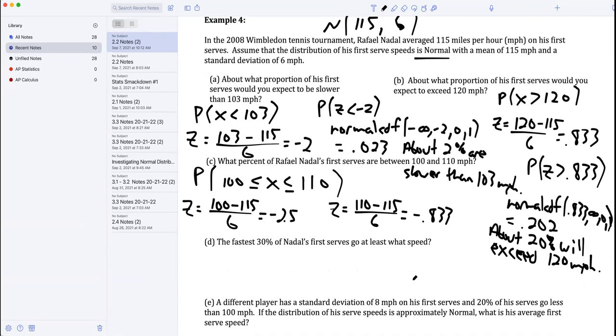Okay, and so last thing here, normal CDF from my lower bound at negative 2.5, my upper bound at negative 0.833, 0 and 1. Make sure you put in the negatives.